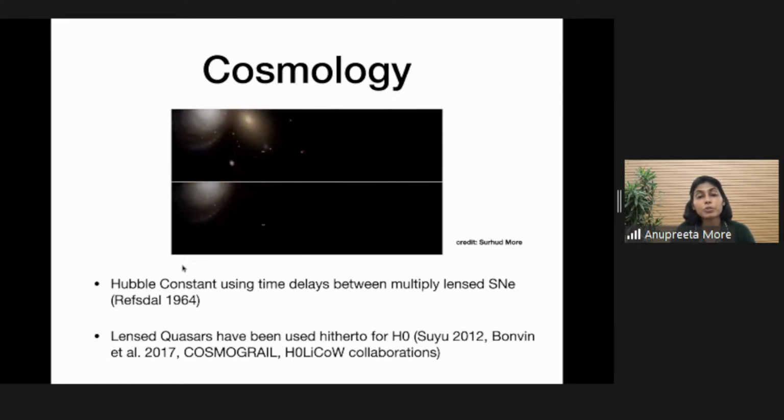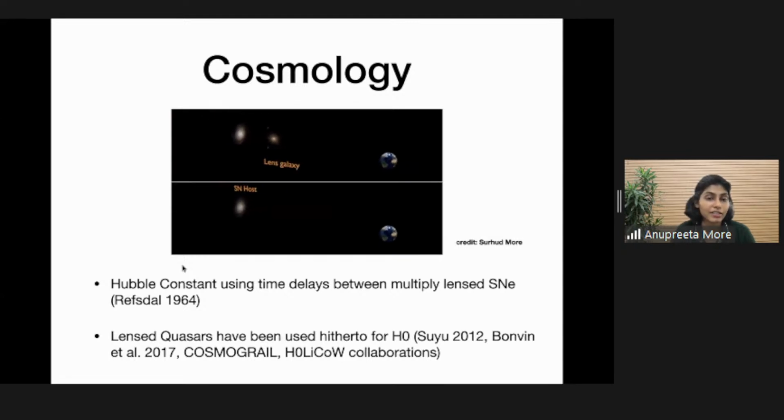So we are able to see many more lensed quasars than lensed supernovae. Although in the last few years we have detected a few lensed supernovae, and that's extremely exciting for other reasons also. But I won't go into that right now. You can ask me later.